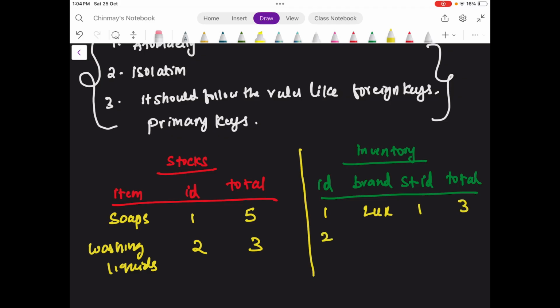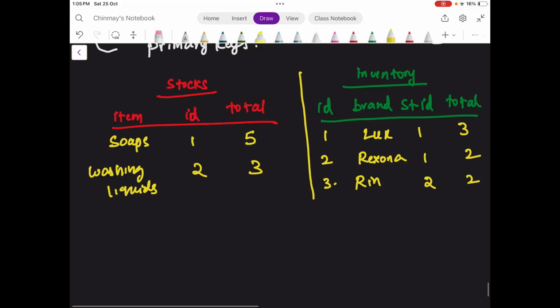And we have ID 2, let's take it is Rexona soap, stock ID 1, total 2. Third, it is under liquid, stock ID is 2 and total is 2. And for Surf Excel, the stock ID is 2 and total is 1.